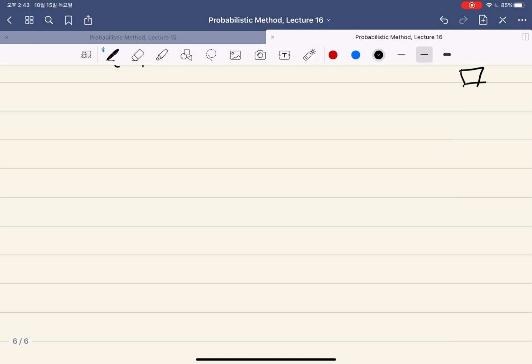So now we want to show the existence of u. And for that, we want to use Azuma's inequality in the following way. Let epsilon be positive, which is arbitrary.